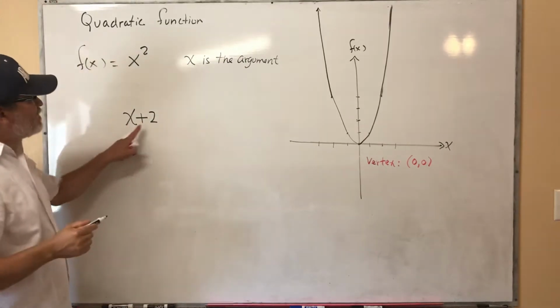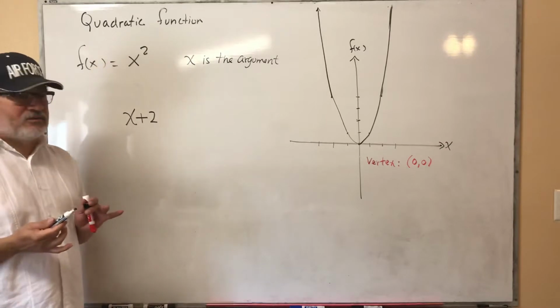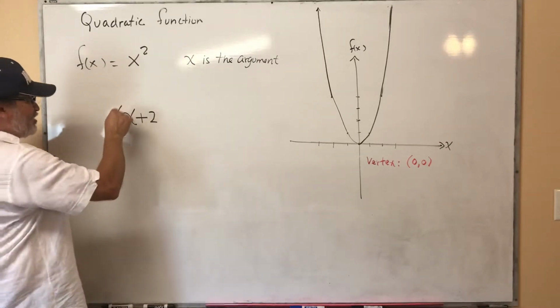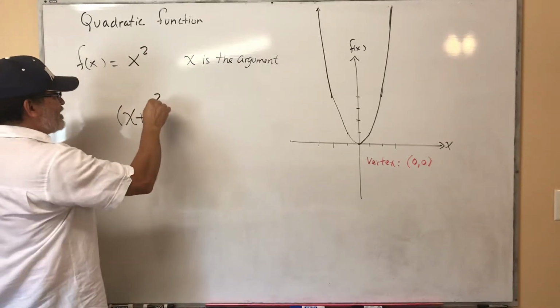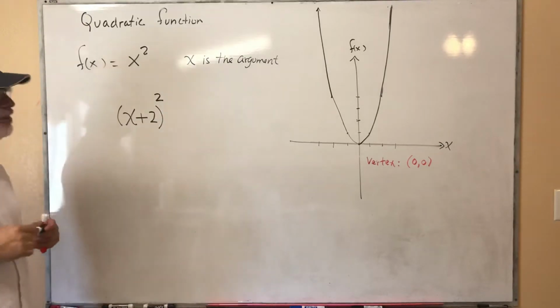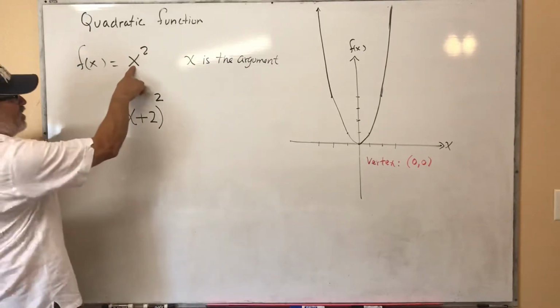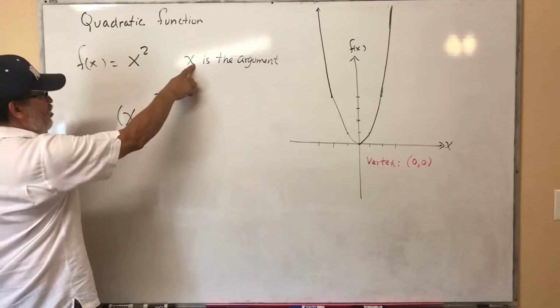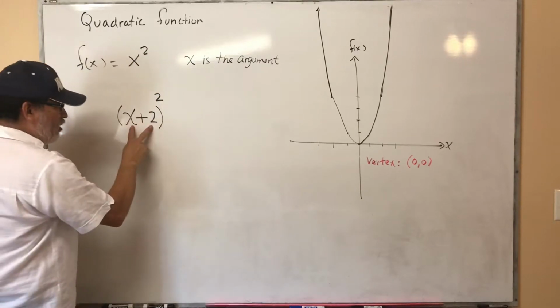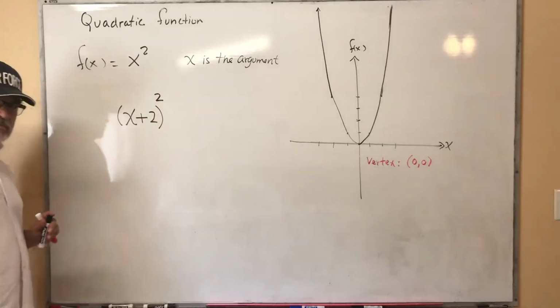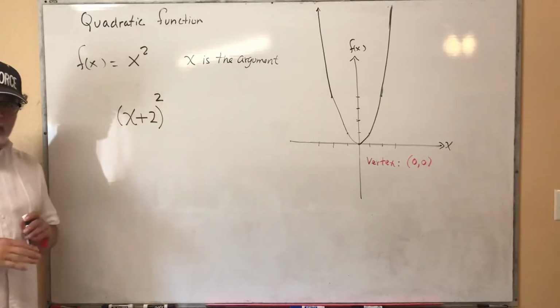So this x plus 2 is the new argument, and I'm going to take this new argument and square it. The new argument is being squared.